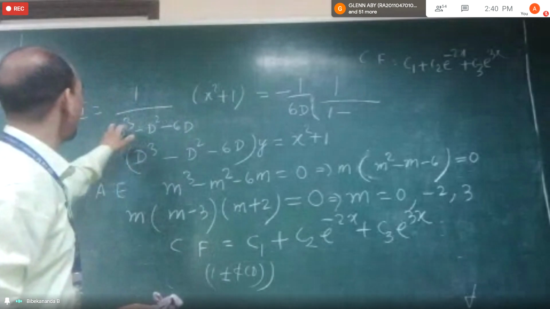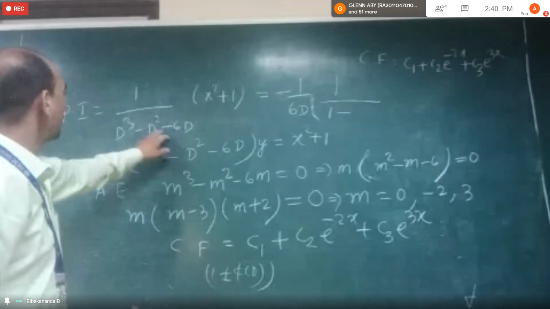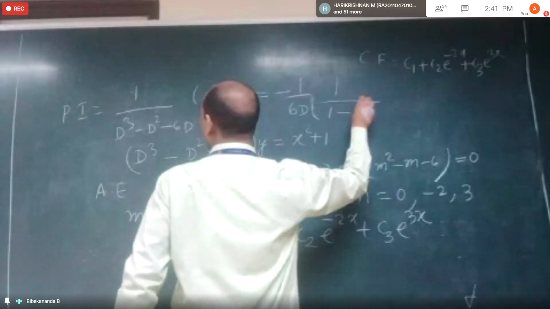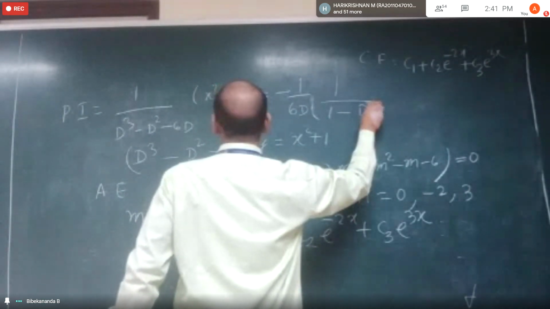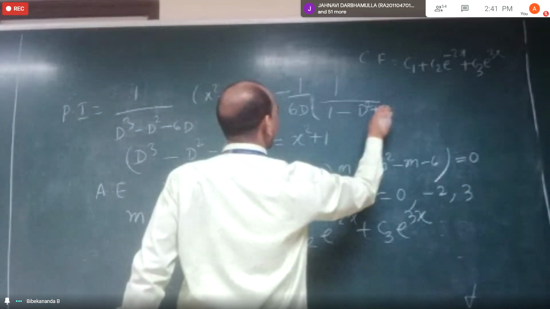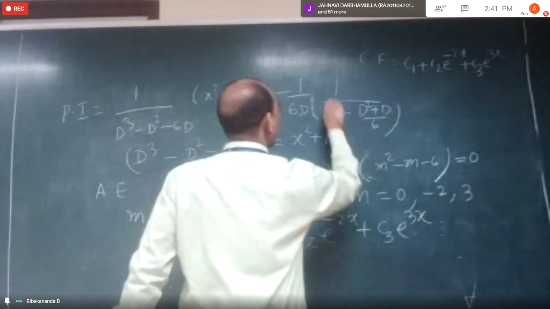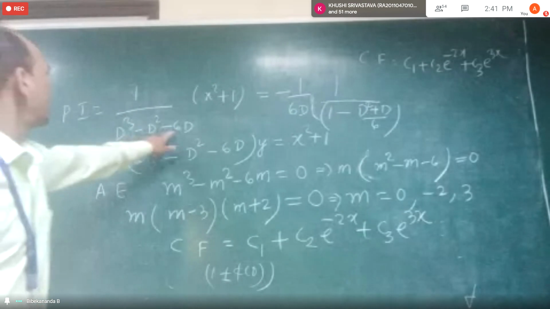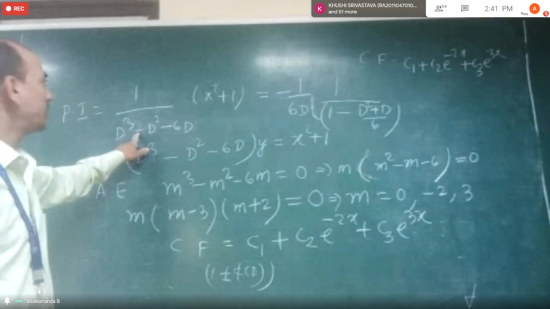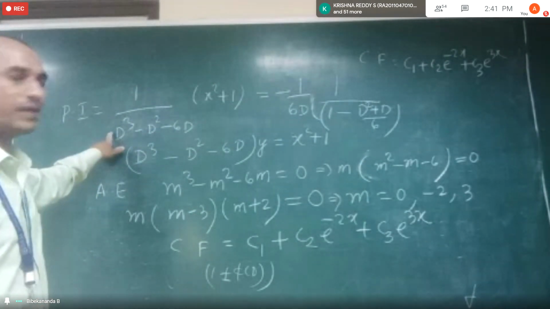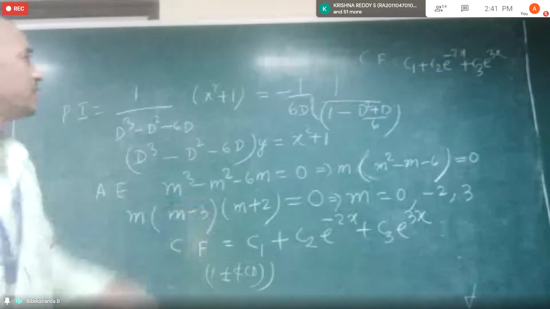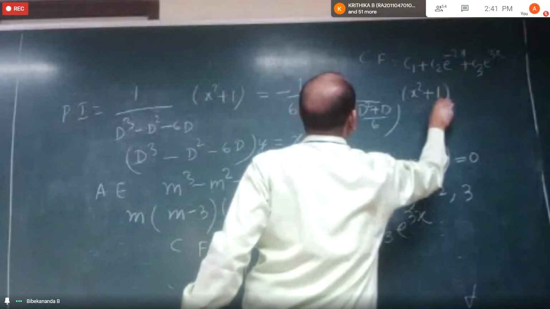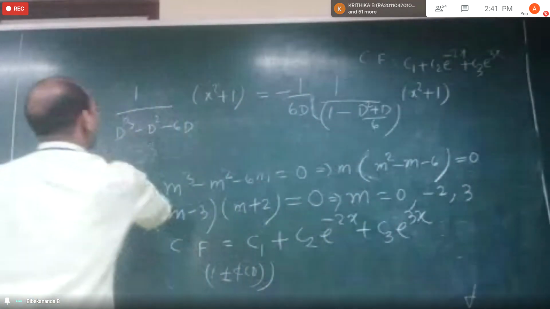So minus D square by 6 plus D by 6. Am I correct? Yes, sir. Will be plus here, minus there. Okay. So this is the thing, into x square plus 1.